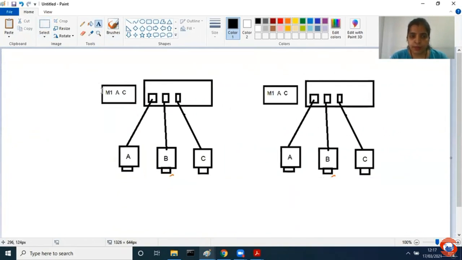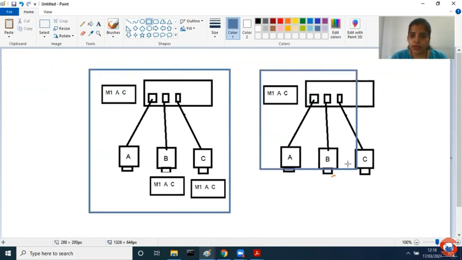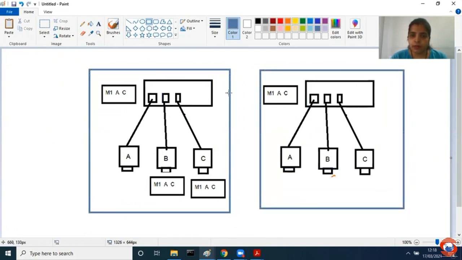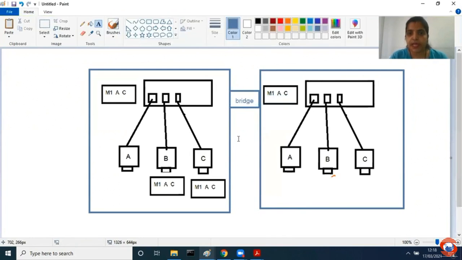In this case, message 1 is transmitted from A to C. The data will traverse from A to the hub, and the hub will transmit it to B. But suppose this is my network 1 and assume this is my network 2. If I wish to join these two networks, then I can use a device which is called a bridge. It acts as a bridge between these two, right?